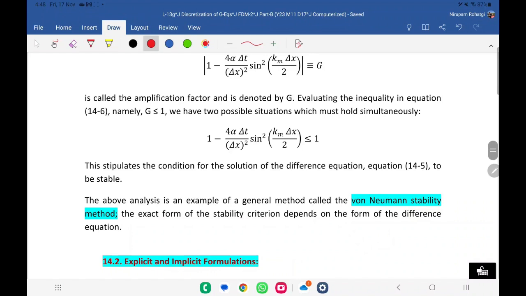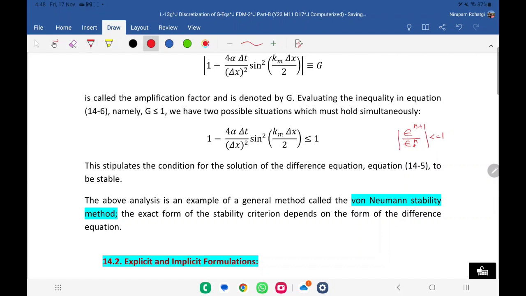Actually what we do, we solve these equations and try to show that the subsequent error, that means epsilon n plus 1 divided by epsilon n, will be less than or equal to 1.